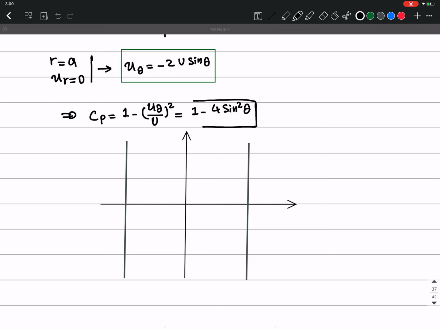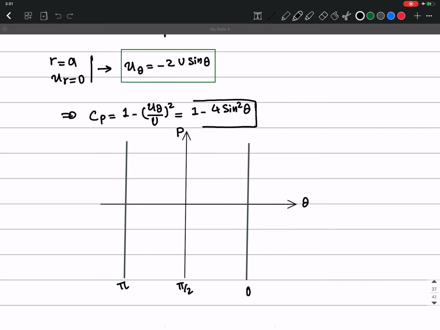Let's say this axis shows theta. We just increase theta, let's say from 0 to pi, we just go this way. And then here we want to write P, the pressure. So this is theta 0, this is theta pi half, and then this is theta pi.